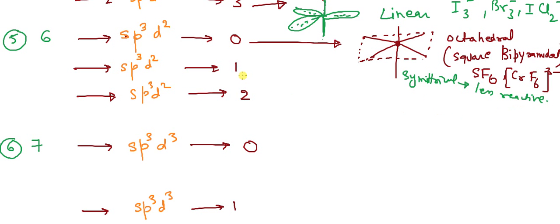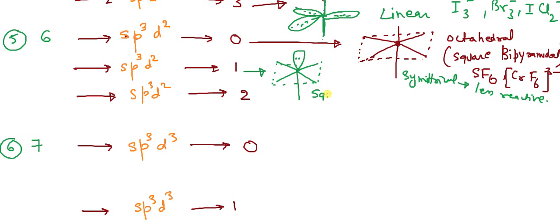Okay, now for 1, the structure is going to be what? You need to have 1 lone pair here. Put it at the top. Not here, we don't have axial or that kind of bonds. Equatorial. So this is the new structure. So what kind of structure is it? As you can see, it is forming a square here.